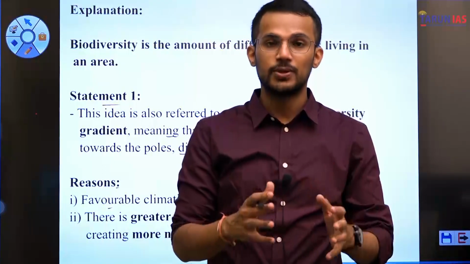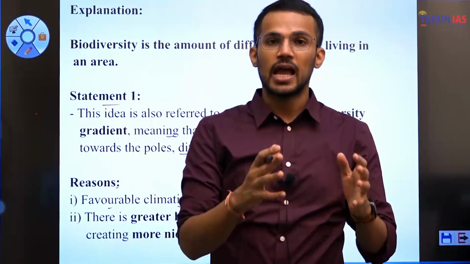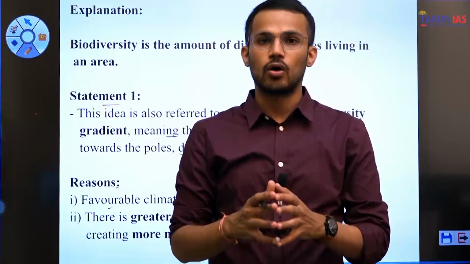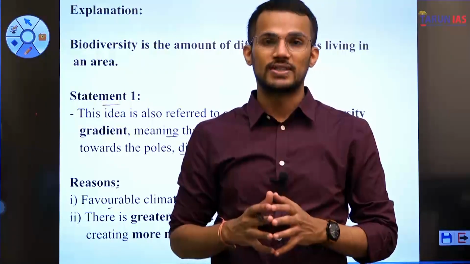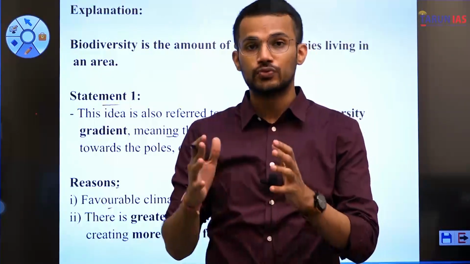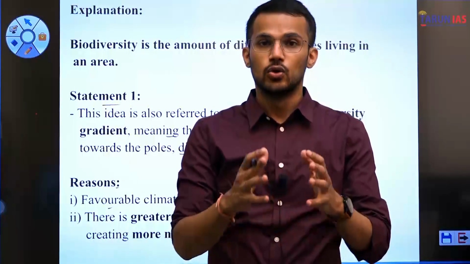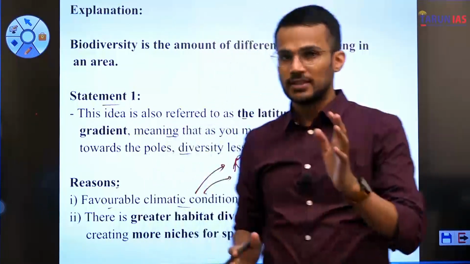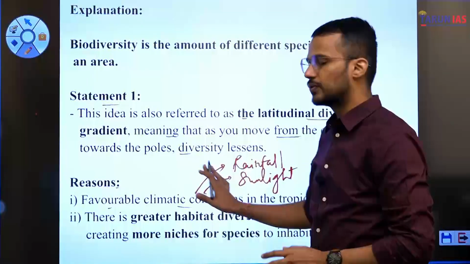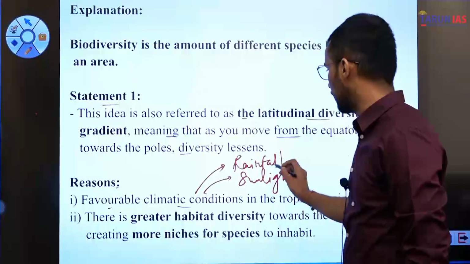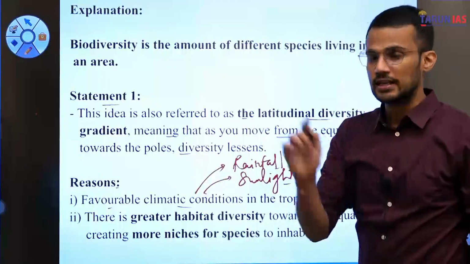And that's why in temperate and polar regions we have unavailability of a sufficient amount of sunlight, and that is one of the reasons why higher latitudes have low biodiversity. Fine, but that is not the case with the tropical region, because tropical regions have favorable rainfall as well as sunlight.